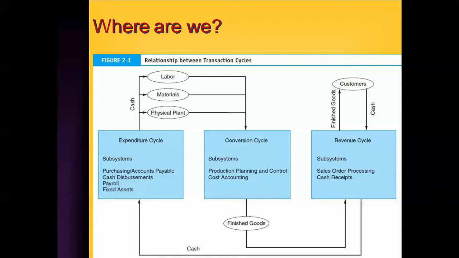We've looked at the conversion cycle to get an idea on how inventories move from raw materials to the work in process, or WIP, onto finished goods. And now we're going to talk a little bit about the front end of the process, the revenue cycle. So let's get started.